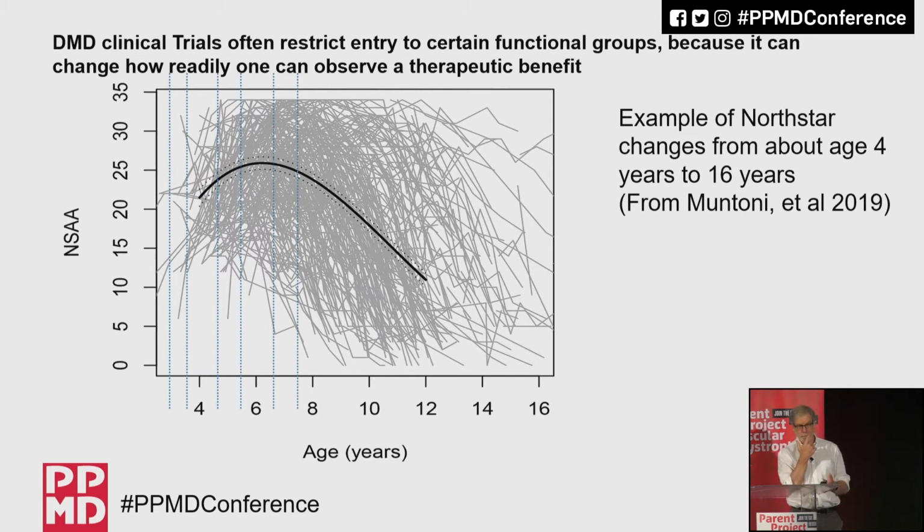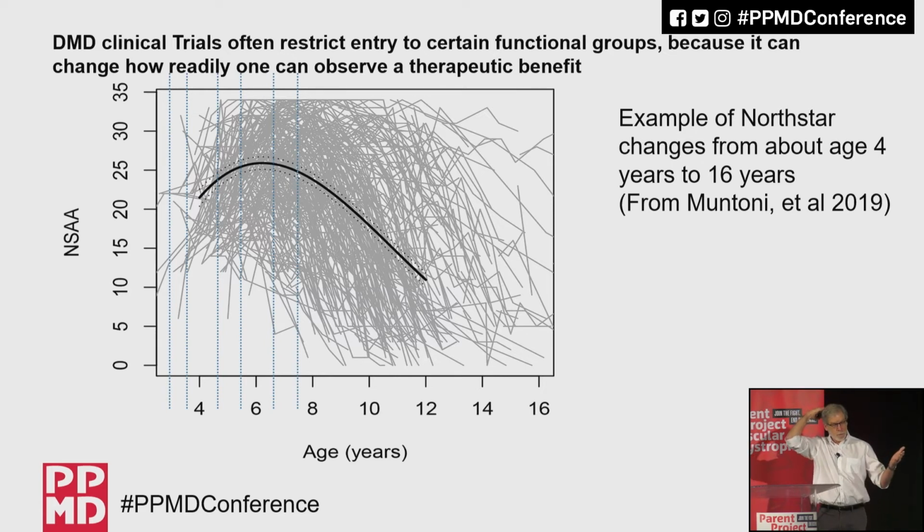It's from a reasonably recent paper from Francesco Muntoni, who's a very well-known physician scientist in the UK, aggregating these data. So if you took everybody's data all together, at the age of 4, the average North Star value, a measure of strength, a typical 4 or 5-year-old would have 34, which is the maximum score. So that's right at the very top.